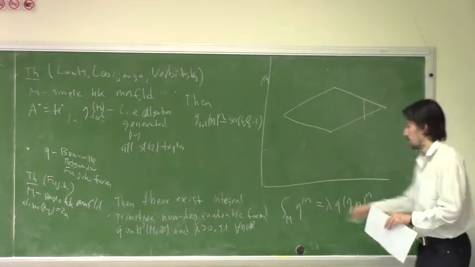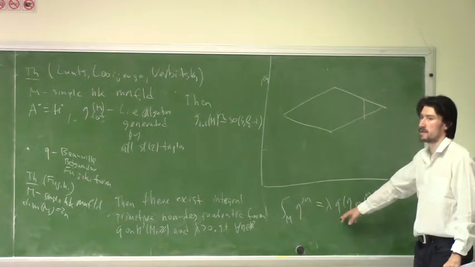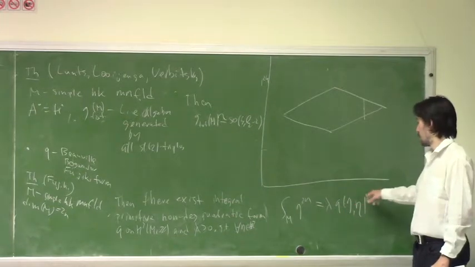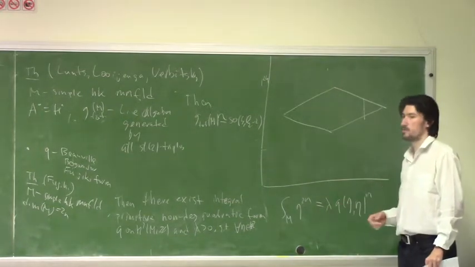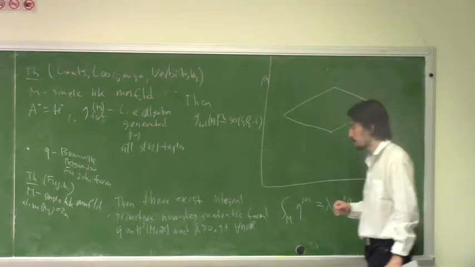So to get the integral of any two-form, we need to compute the value of the quadratic form on this two-form eta to the n and multiply by some constant, which is called the Fujiki constant, and it depends on the manifold.